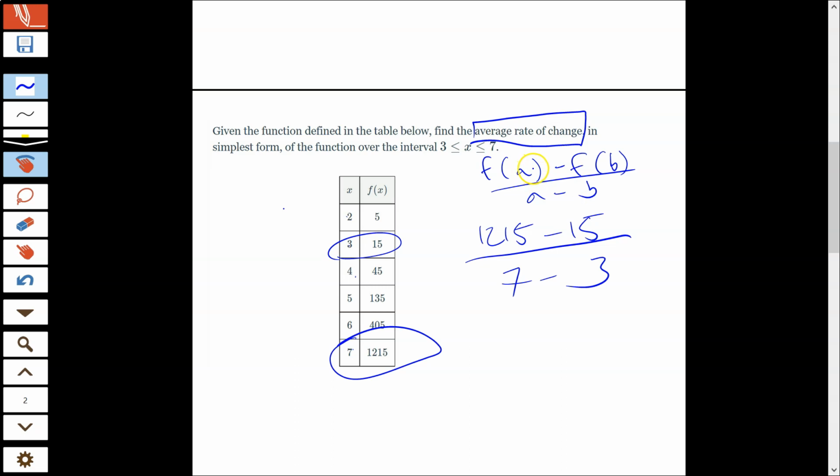So this is the same as just like y1 minus y2 over x1 minus x2. It's the same math you've always been doing. What we get here is, of course, 1200 over 4, which is 300. So that's my average rate of change from 3 to 7. And you can check, right, if I plugged in like 4 and 2, like these 2 points, my slope would now be different. So we're talking about the slope now of functions that have different slopes in different spots.